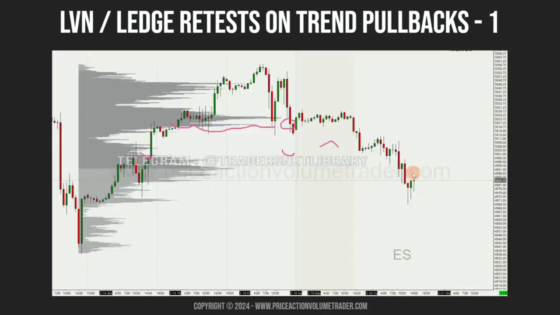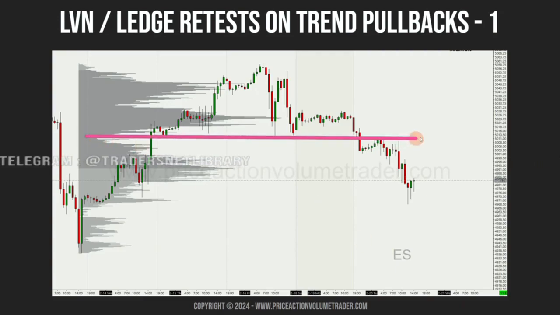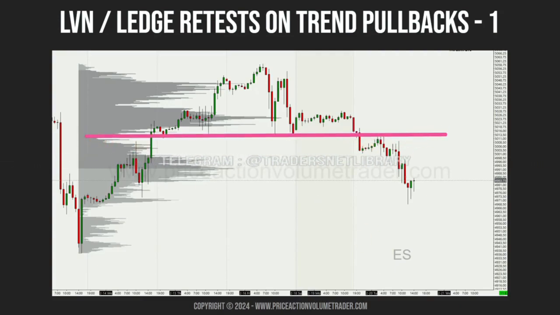so if we go back into the first chart right here, you can see that in this case, we had these lows right here. We clearly broke them. And then we have a very clear retest right over here.